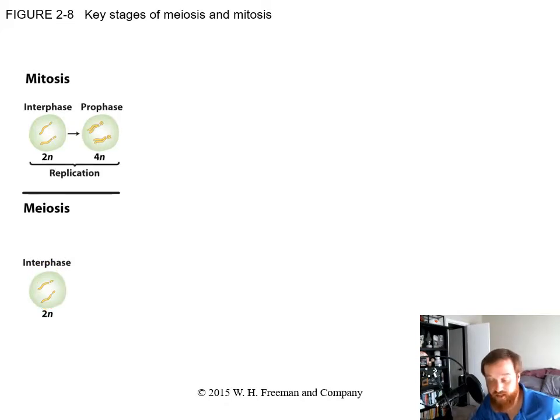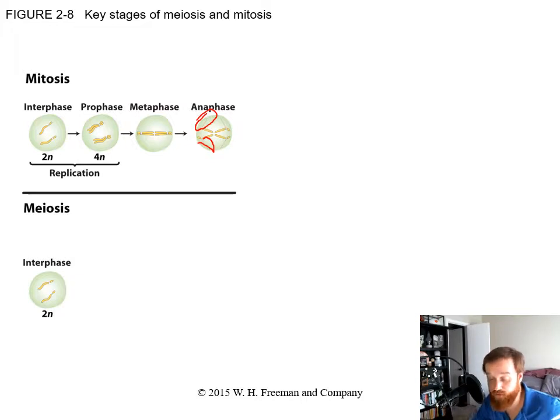During prophase of mitosis, we have replication of those parental chromosomes, and you can see they're lined up here, and each one, your mother's and your father's, is replicated. You have metaphase, where they line up along the pole of the cell. Anaphase, where the spindle fibers come down and attach to the chromosomes and pull apart your chromosomes from your mother and your father.